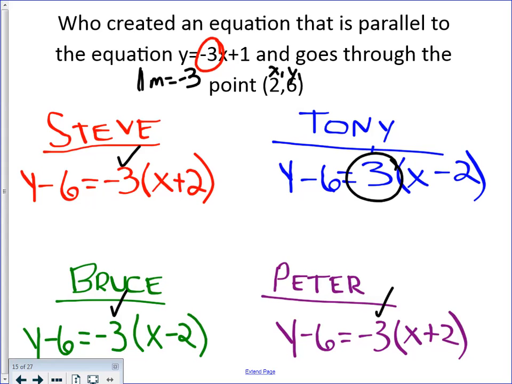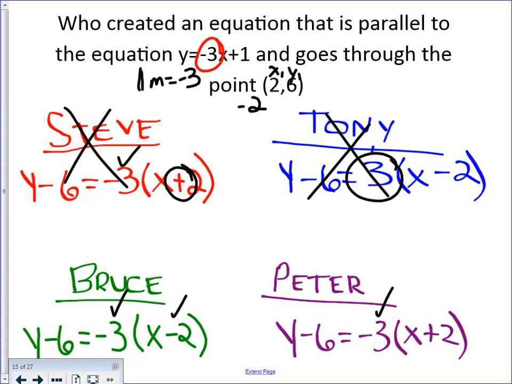Well, let's see, did Steve do this correctly? Steve put in x plus 2, but we've said that if it's a positive 2 in the coordinate in my equation, it should be a negative 2. So Steve messed up there. So Steve is not right. So it's between Bruce and Peter. Well, Bruce did do x minus 2.